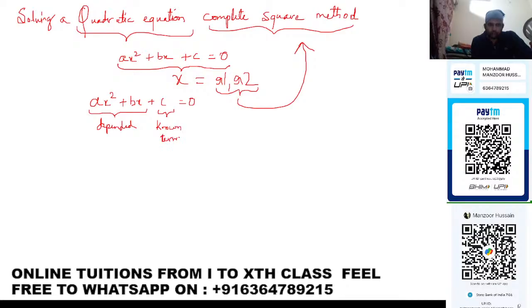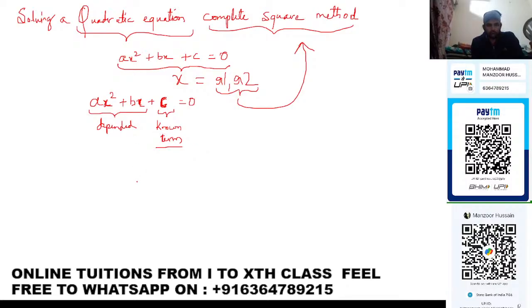Why am I bifurcating them? Because of the availability of the variable x in these two terms, while the third term is a direct constant, a known value.